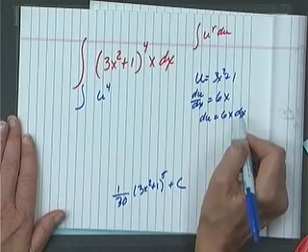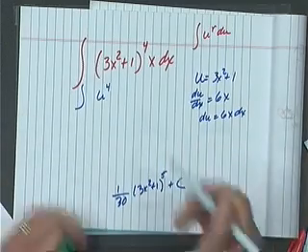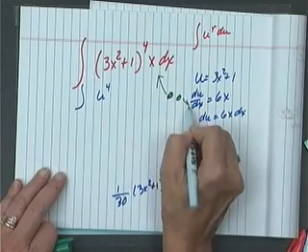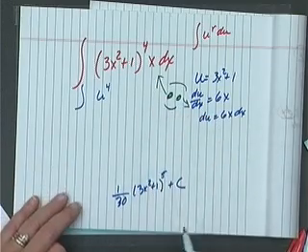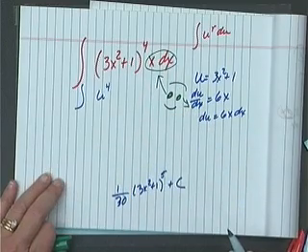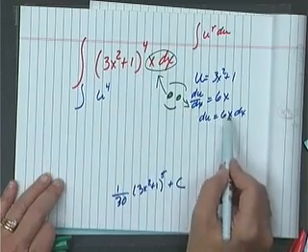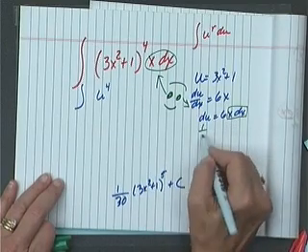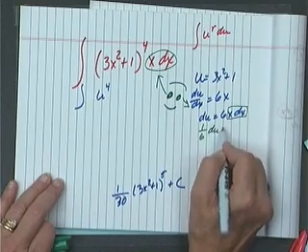Always the same pattern. This is the place where you look both ways. I've got to replace the x dx. Do I see an x dx here? Right there. So x dx is exactly 1/6 du.